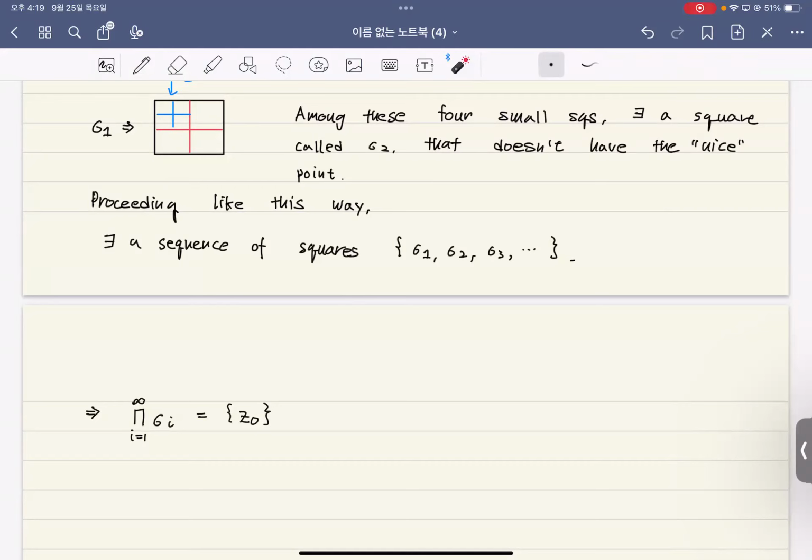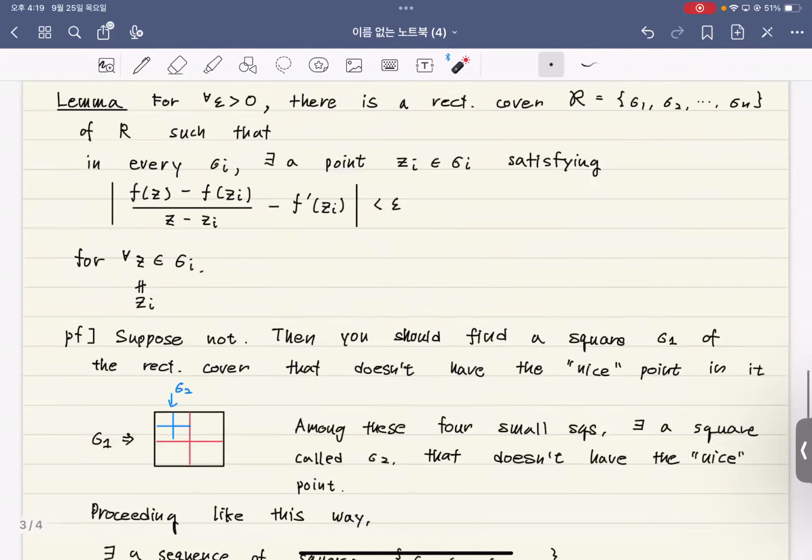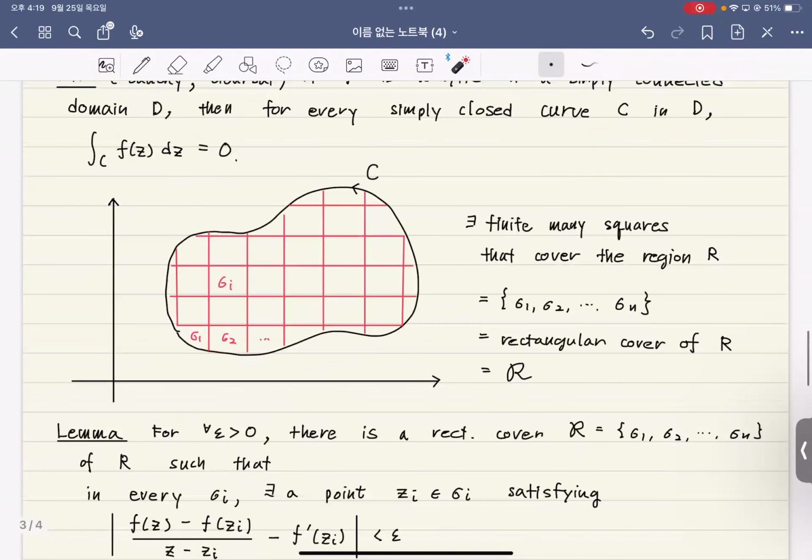Again, I was able to find some point somewhere over here. I am also making use of the fact that this region R is a region bounded by this closed curve C, and R must be closed, right? So every accumulation point must lie in the region R itself because R is closed.